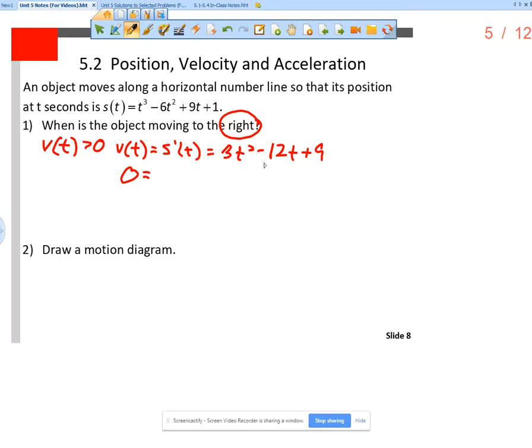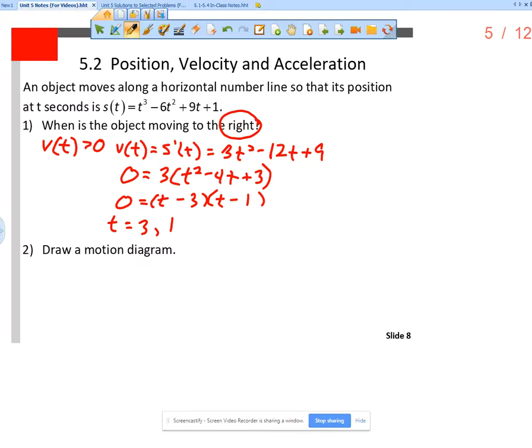So 3t squared minus 12t plus 9. I'm going to start by factoring out 3. So t squared minus 4t plus 3. And so I can divide by 3, which makes that value not relevant for when this equals 0. And then I'm going to factor. So this factors into t minus 3 and t minus 1. All right, so t equals 3 and t equals 1.